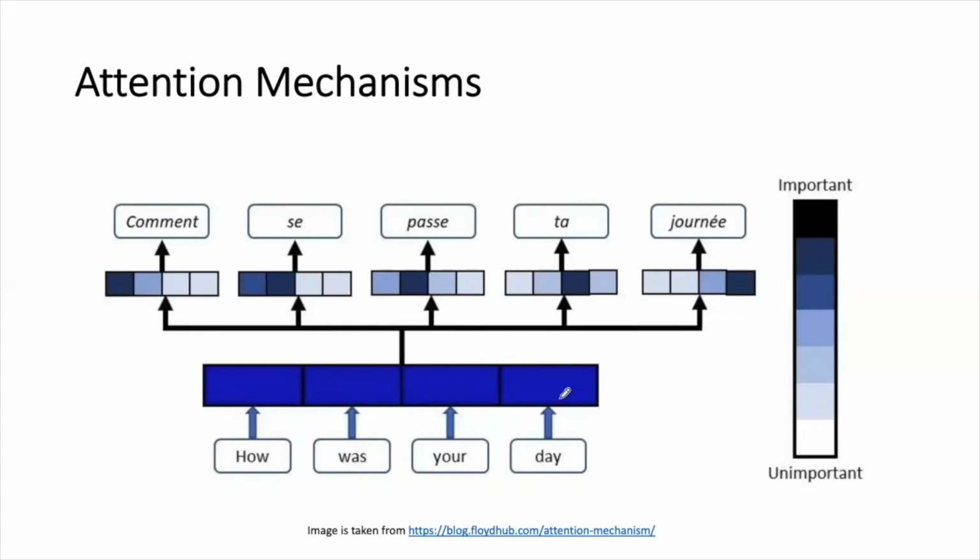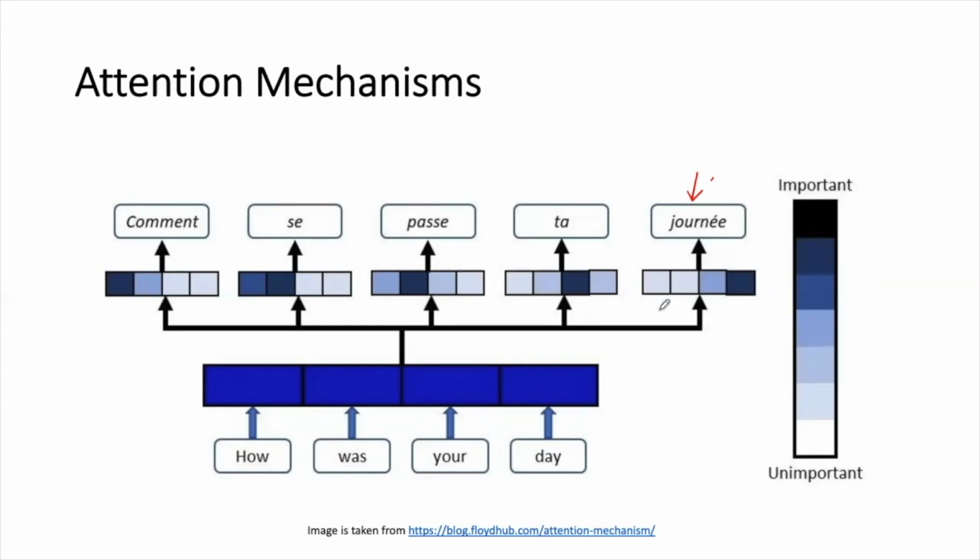Here, any attention mechanism typically tries to give scores for different input words. Here we have 4 input words: how was your day. For each output word that we need to generate, we try to assign a score for each of the input words. So we'll have 4 scores here.